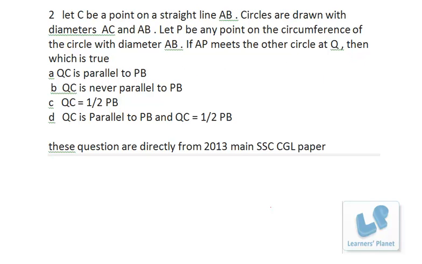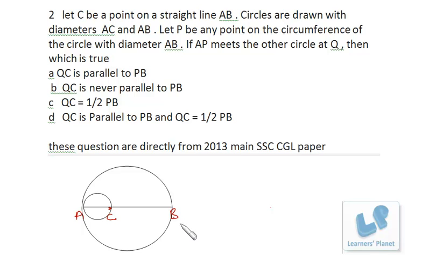Okay, first of all, we just draw the diagram. So that's line AB. And here we have drawn two circles, one with AC as diameter and the other with AB as diameter, right? Now P is any point on the circumference of the circle with diameter AB. I suppose this is P, right?